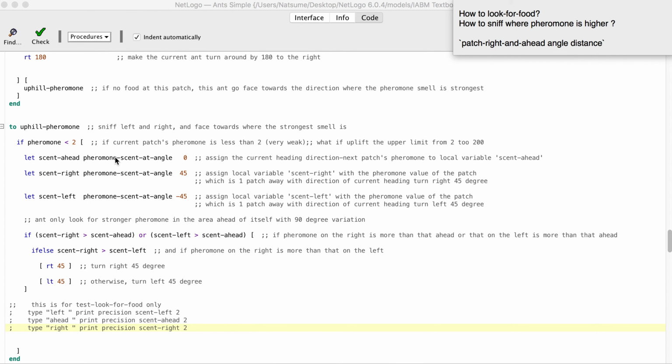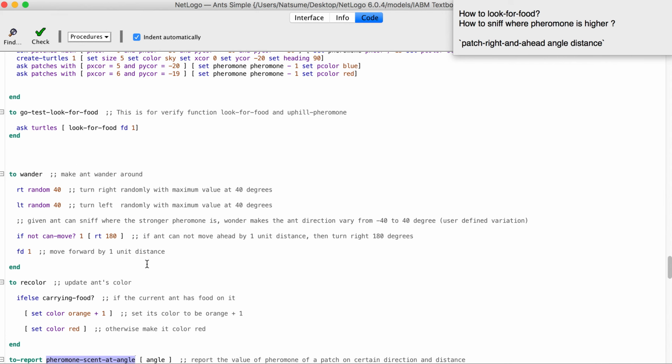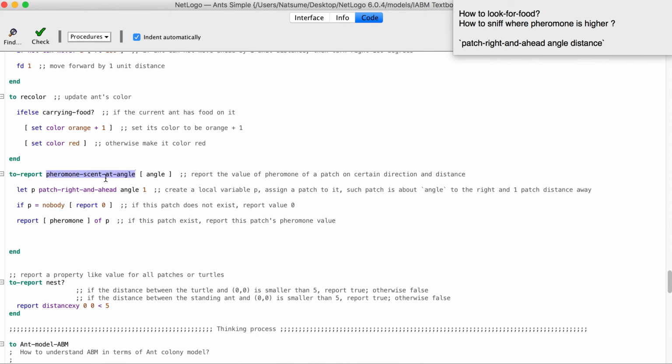So let's look into it. This function is actually a to-report function which returns a value. What kind of value do we need? First of all, for this to-report function, we need an input angle.